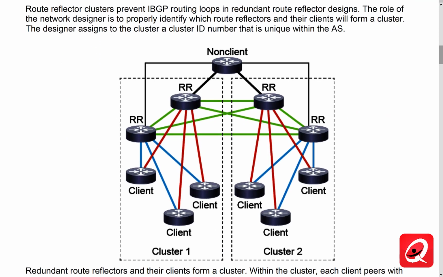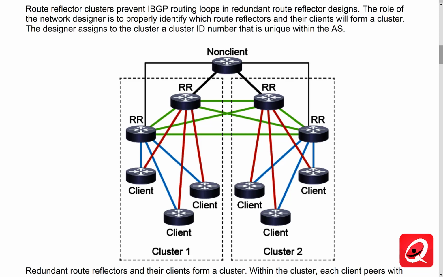Route reflector clusters are what prevent these routing loops if I have a redundant route reflector design. And as I mentioned, in this particular case, we have something called the cluster ID that is unique within that autonomous system. The redundant route reflectors and their clients form that particular cluster. And then within the cluster, each client peers with all of the route reflectors.